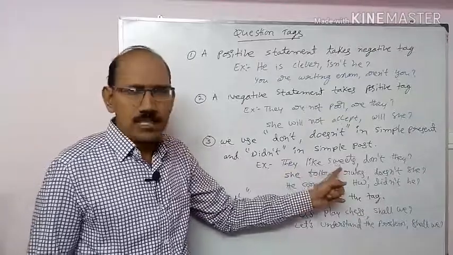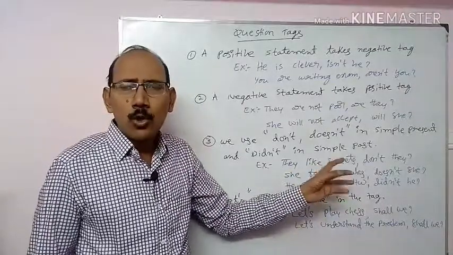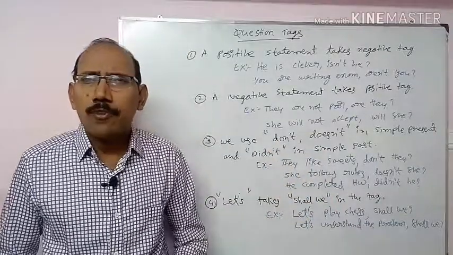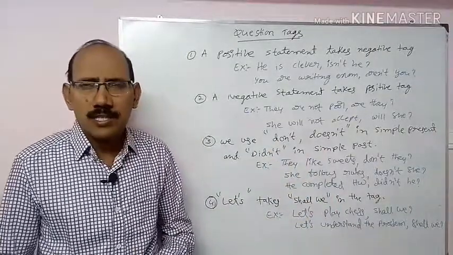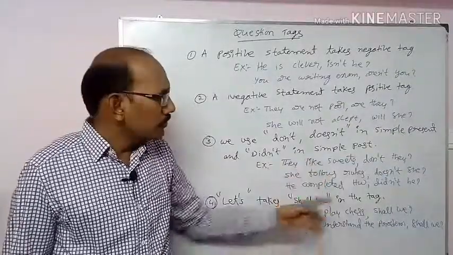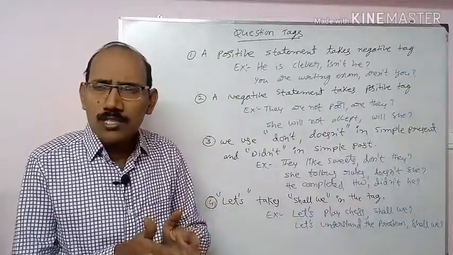So I am giving this link in the description. They like sweets. It's a simple present tense statement. They like sweets, don't they? She follows rules. It's a simple present tense sentence. She follows rules, doesn't she? Why we are using don't here and doesn't here, you are going to understand.